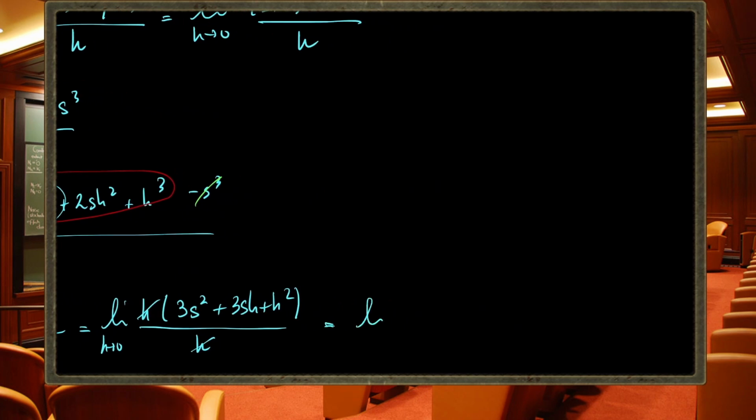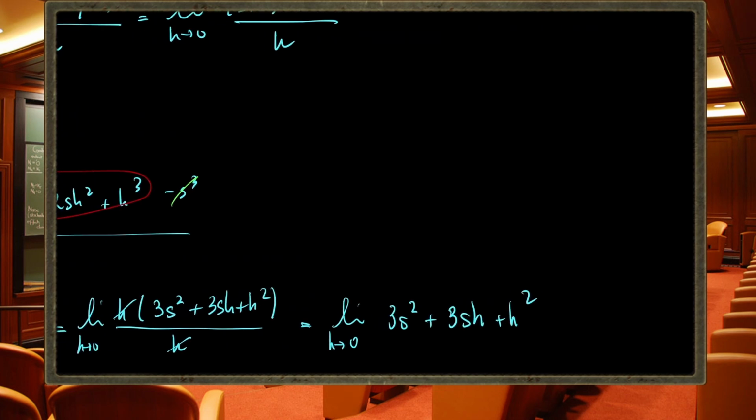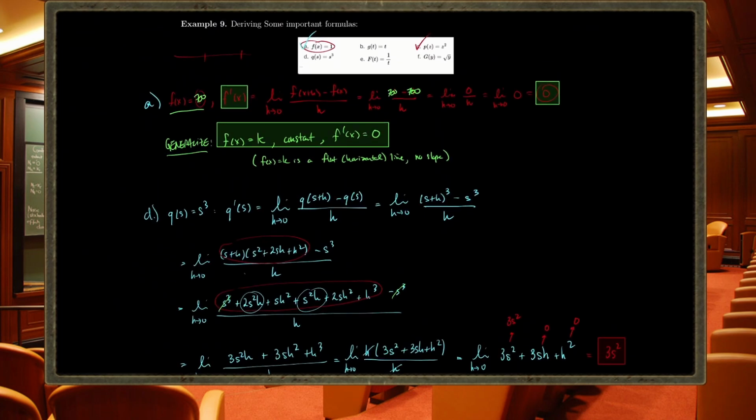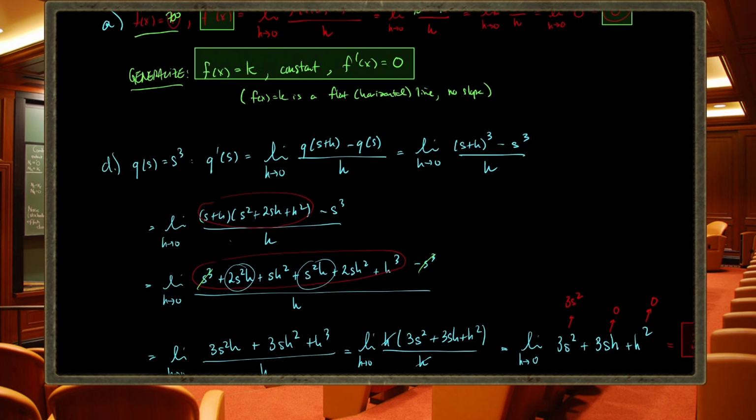And so you're left with the limit as the time interval goes to 0 of 3s squared plus 3sh plus h squared. So as the time interval goes to 0, this goes to 0, this goes to 0, and this goes to just 3s squared. It's unaffected by that. And so that's our limit, 3s squared. So again, I keep reiterating this because I think we can get lost in the string of equality sometimes.